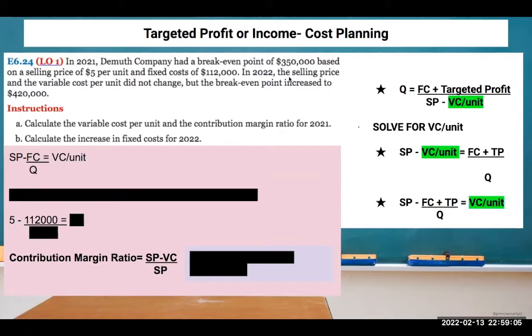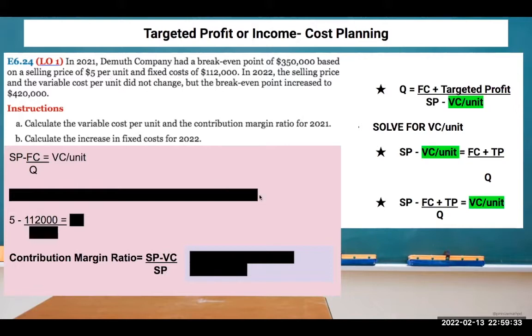So what we're going to do is we see that they gave us a break even point of $350,000. Now, how do we find the break even point in units? Well, if we take $350,000 and we divide that by $5 per unit of the selling price, that will give us the number of units that we need to break even.